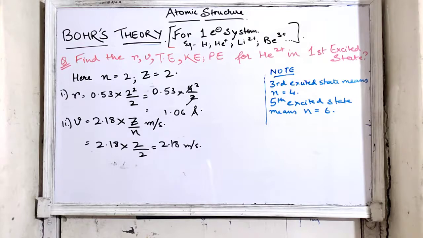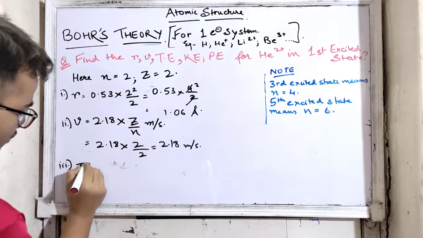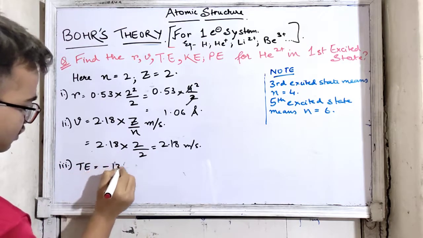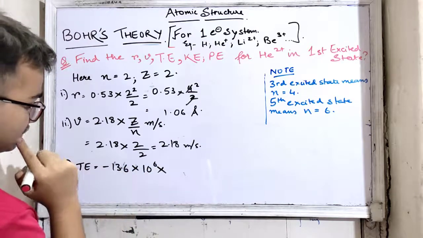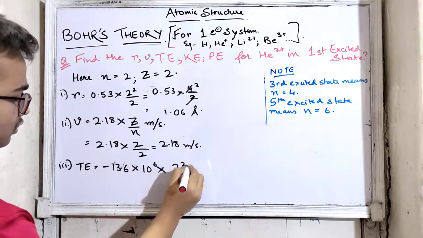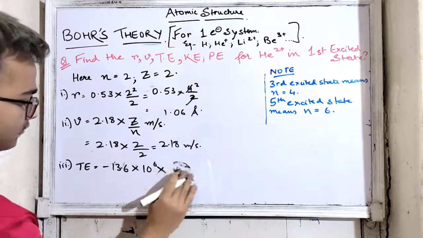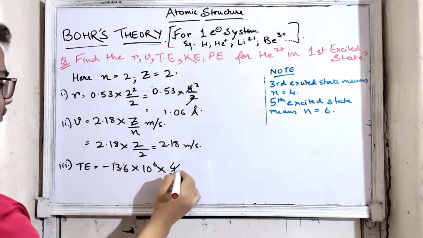Okay. Next we will find out the total energy. Okay. So total energy number 3. So total energy was equal to minus 13.6 into 10 to the power 6 into Z square upon n square. So it will be 2 square upon 2 square. So I am writing it 4 upon 4. So it comes equal to 1.